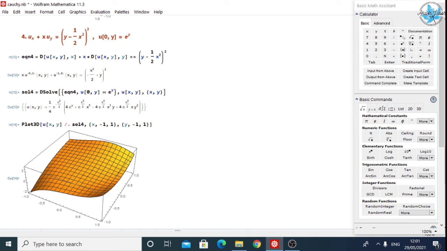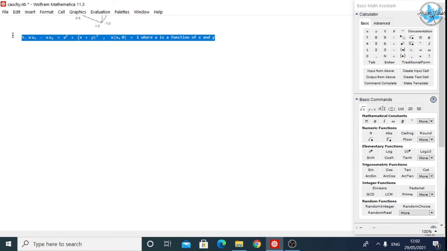So now I am solving the equation 5. So this is my equation. Then how I will write?